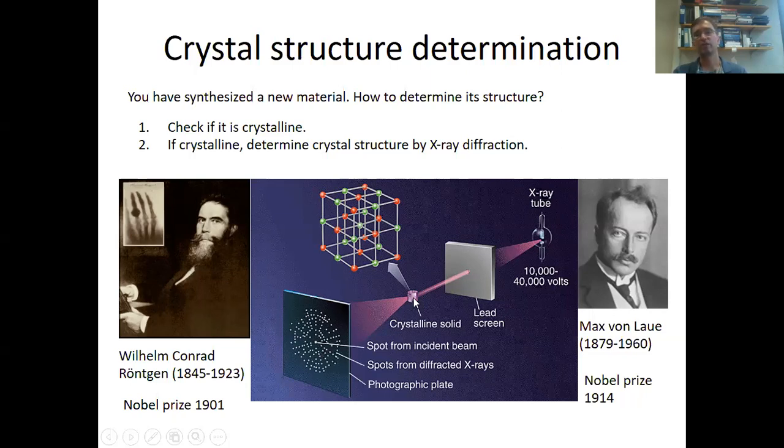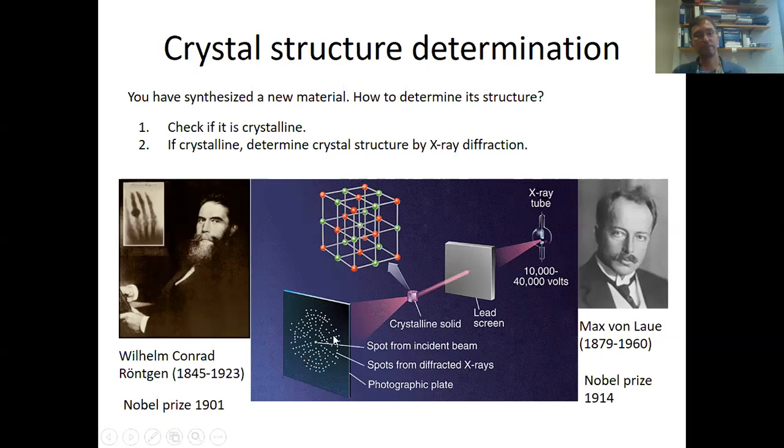So when you diffract X-rays at a single crystal, you get a characteristic pattern of dots on a photographic plate.